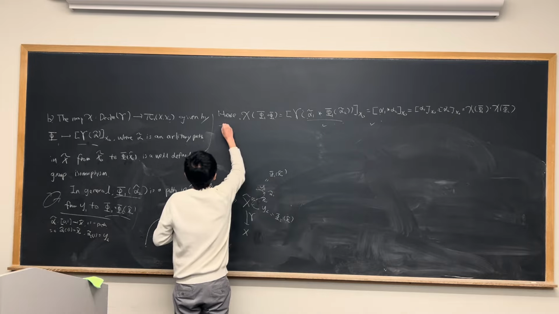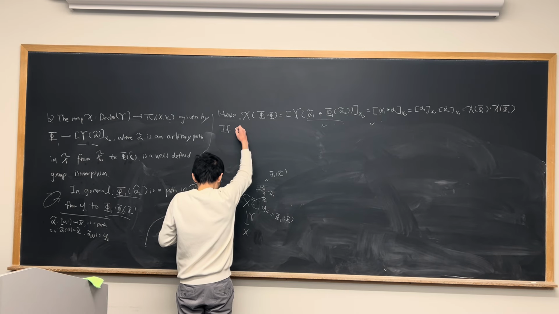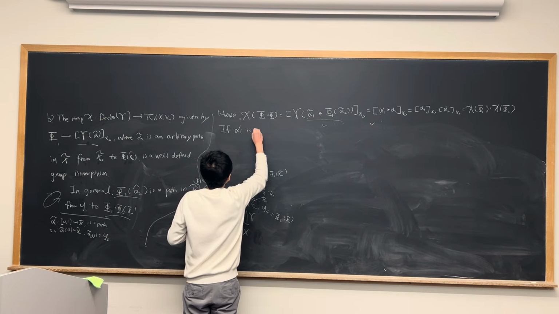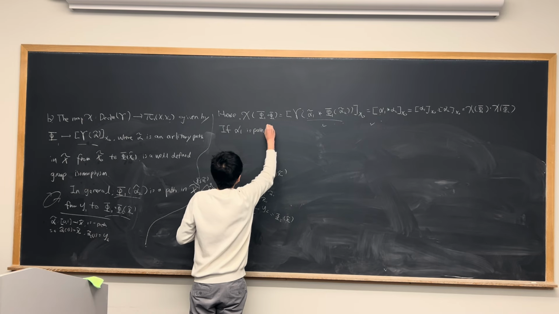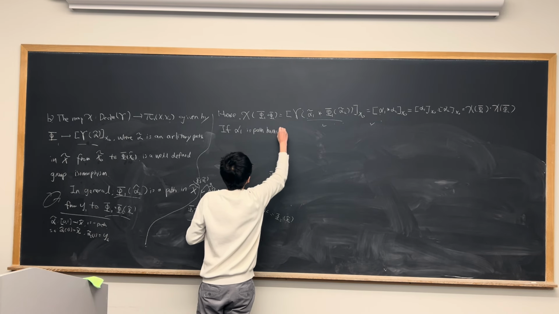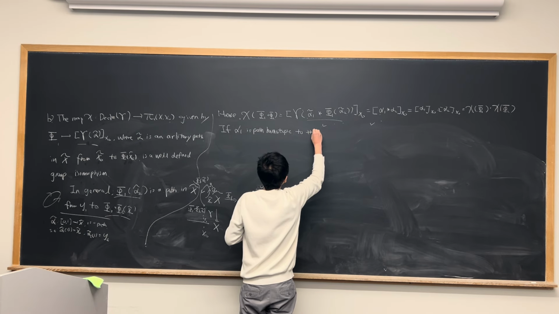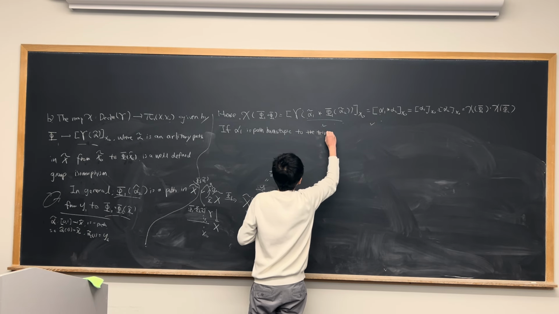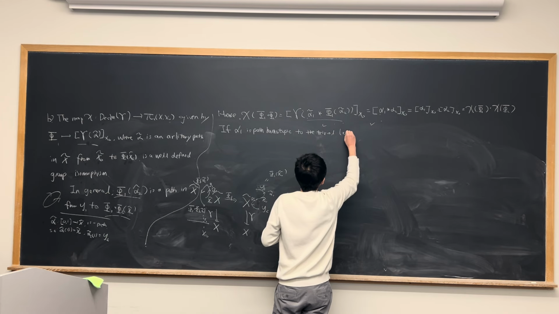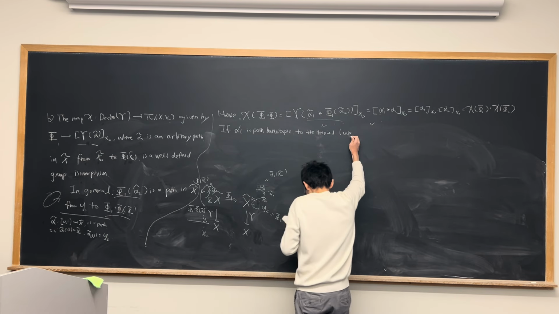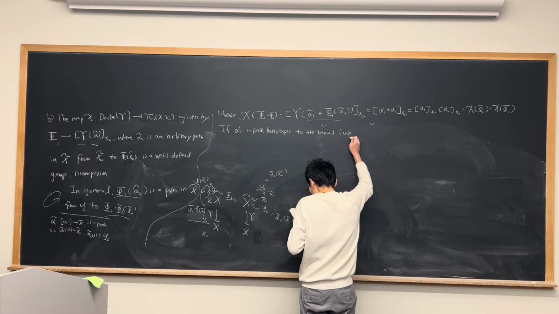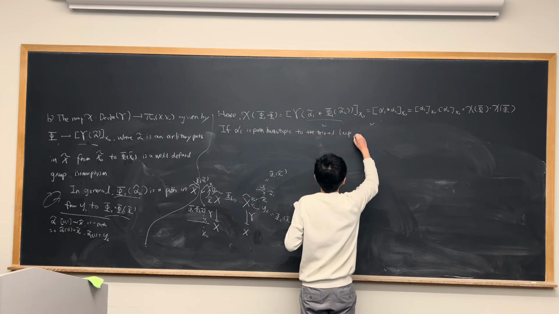So here, if alpha 1 is classically a trivial loop, then the lifting alpha 1 tilde is also a loop.